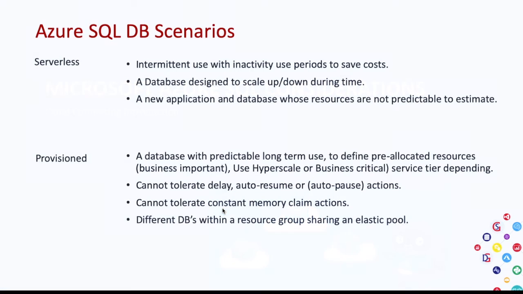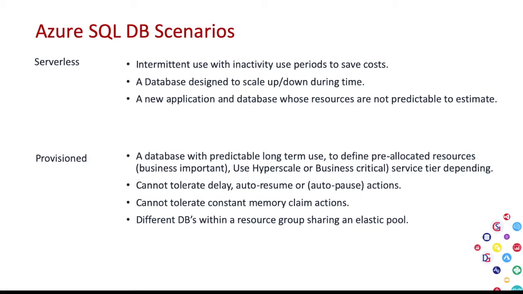So, real fast, scenarios. When can we identify that we need a serverless or a provisioned model? We need serverless when there are periods of inactivity that we can use to save costs, a database designed to scale up and down over time, or a new application with data whose resources are not predictable or easy to estimate.